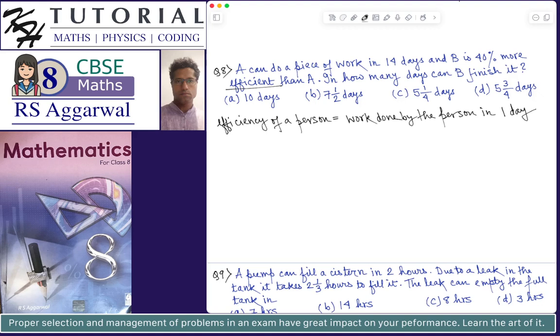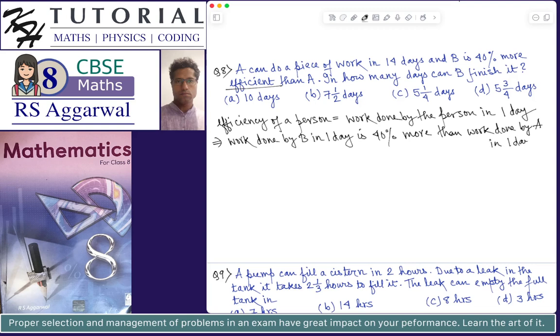Okay. Now, it is given that B is 40% more efficient than A. So we can say work done by B in 1 day is 40% more than work done by A in 1 day.